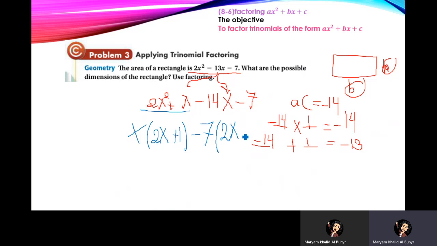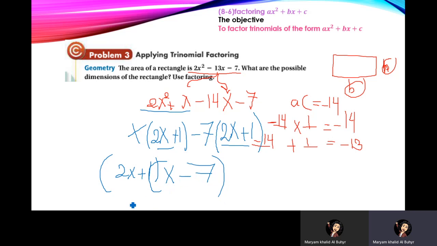How can I get this term? Plus 1. This is exactly the same as this one. So that will be 2x plus 1. The remaining is x minus 7. You are done like that.